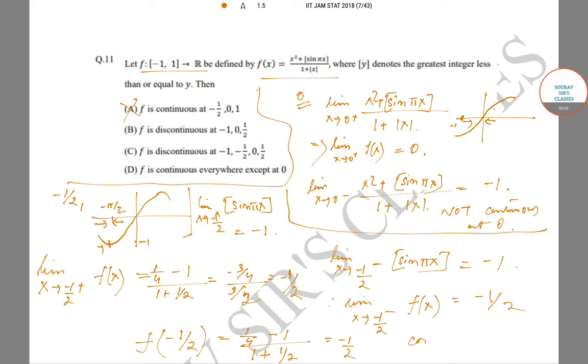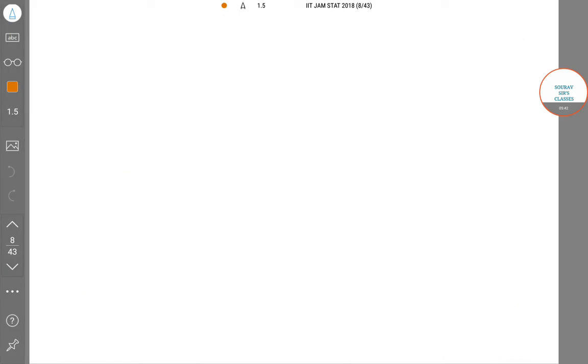So f is continuous at minus half. From this we can also deduce that C is wrong, because C says f is discontinuous at minus half.